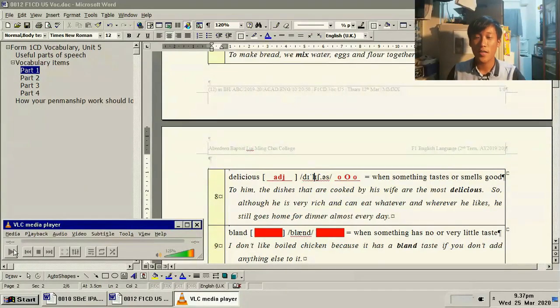So, although he is very rich, and can eat whatever and wherever he likes, he still goes home for dinner almost every day.